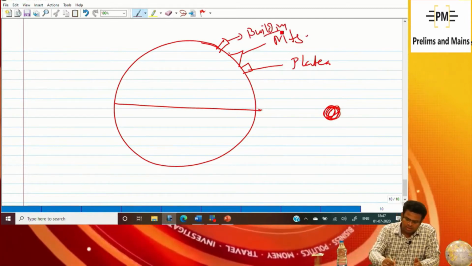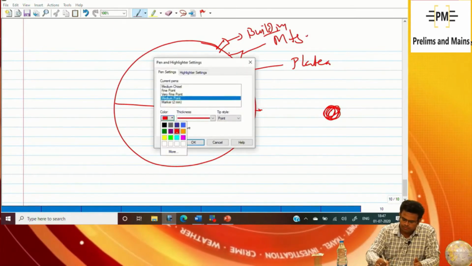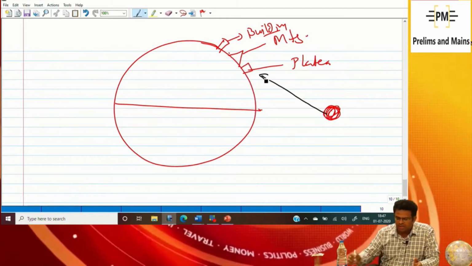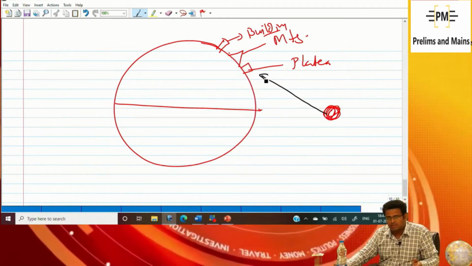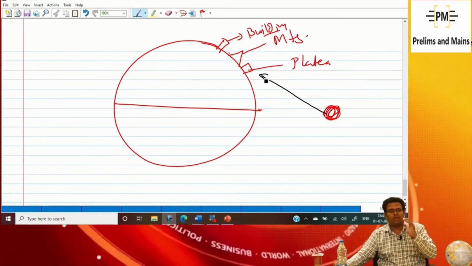If the signal is going from there slant, can we say that these mountains, plateaus, buildings will obstruct the movement of the signal?